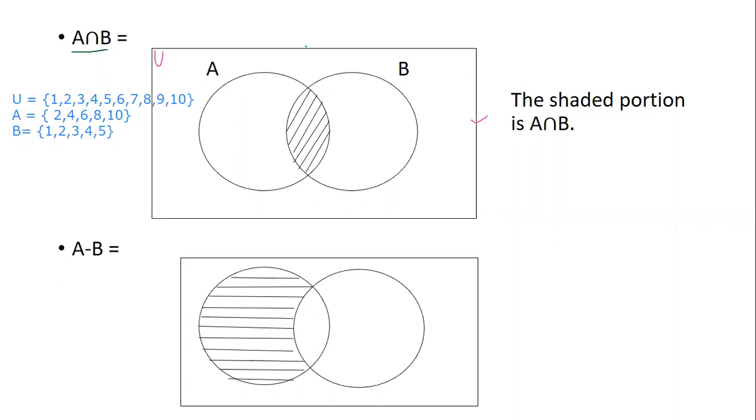Now, can you all tell me what elements I should write in A? Now inside the diagram, I have a universal set. I have set A, which is represented by a circle here. What elements am I supposed to write here in A? Sure?